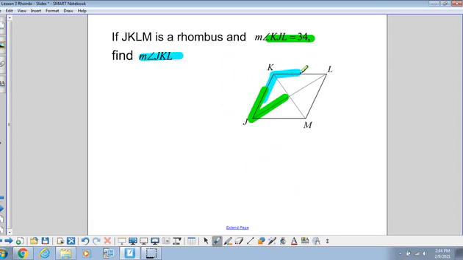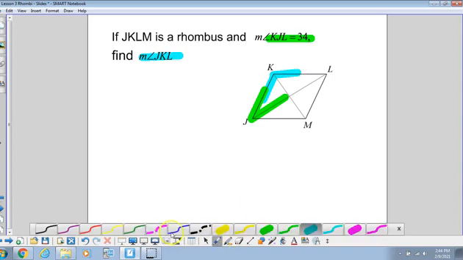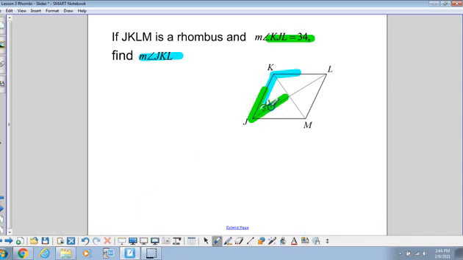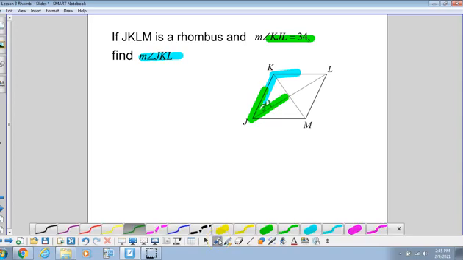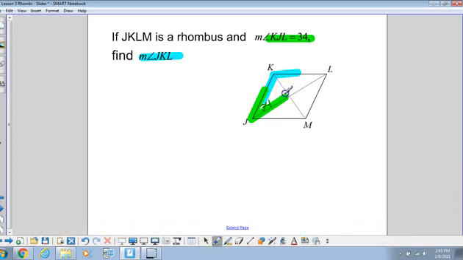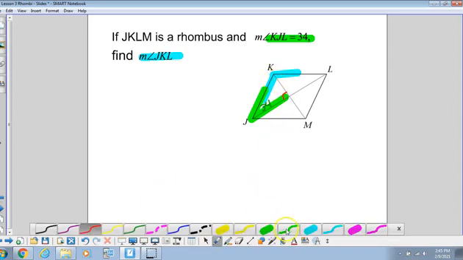Okay, so we have a couple of different ways that we could do this problem. I'll talk about a couple different ways. KJL is 34. One way that we could do this problem is that we could say, okay, we know that this is a right angle right here, and then we could find our angle right up here.